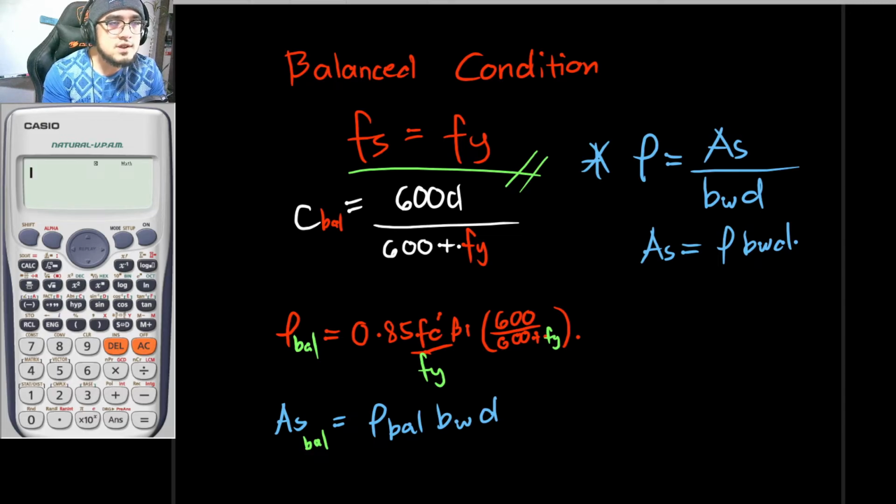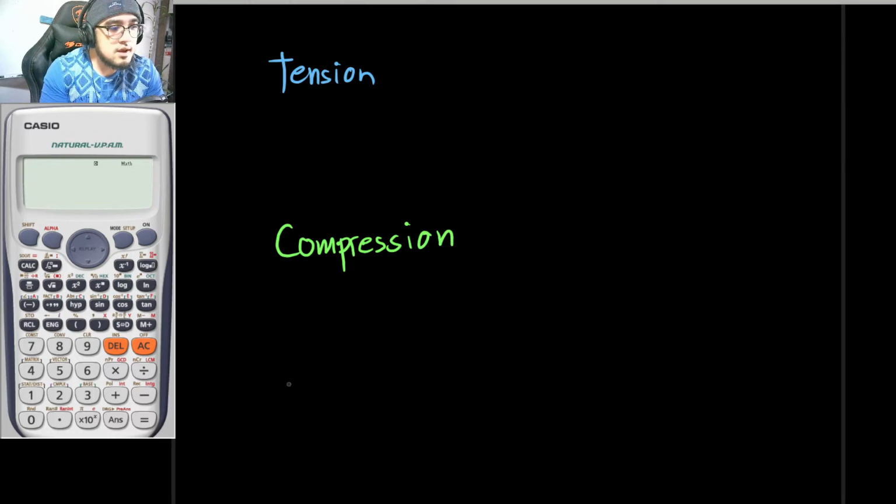In reinforced concrete design, we have three controls. We have our tension controlled. We also have our compression controlled. And in NSCP 2015, there is what you would be calling our transition.